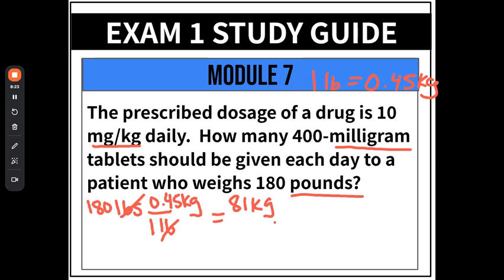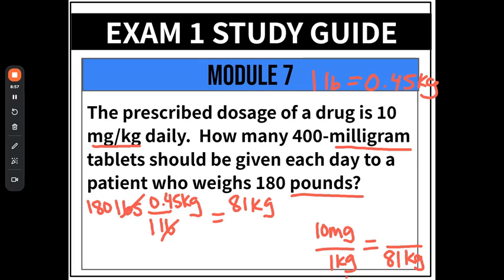Okay. Now they want to know how many tablets each day. Well, first, let's find out how many milligrams of the prescription they're going to need. So they should get 10 milligrams per 1 kilogram daily. Okay, so we've got kilograms here, so we're going to set up a proportion. All a proportion is an equivalent fraction.